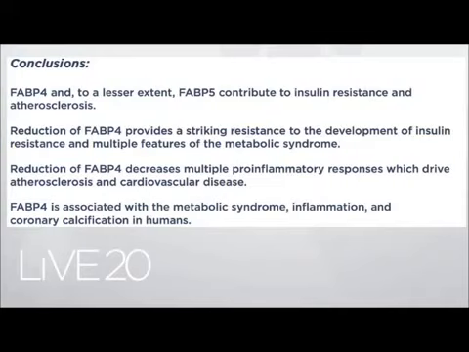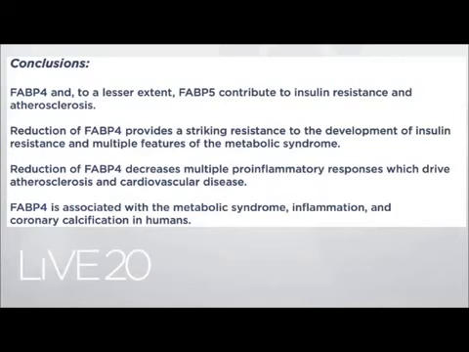All right, that's powerful. In this paper, they could lower FABP4 by genetic manipulations, things that we can't do to ourselves, but we can do to animals in a lab, provided resistance to metabolic syndrome. And at the bottom there, FABP4 is associated with metabolic syndrome, inflammation, coronary calcification in humans.